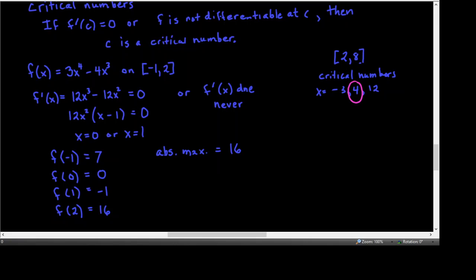So it's an endpoint maximum. And what is the lowest of all those values you found? Right, it's negative 1. So the absolute minimum value is negative 1 on the interval from negative 1 to 2. And that's an interior absolute minimum value in the interval, by the way.